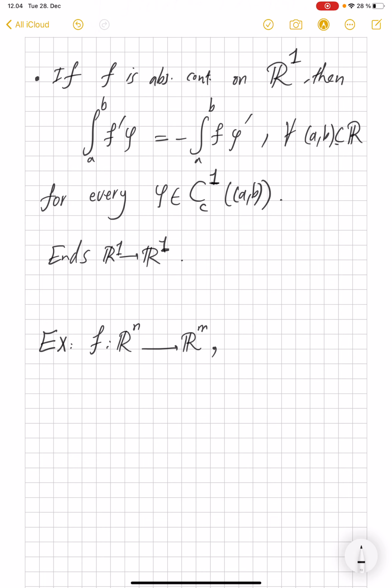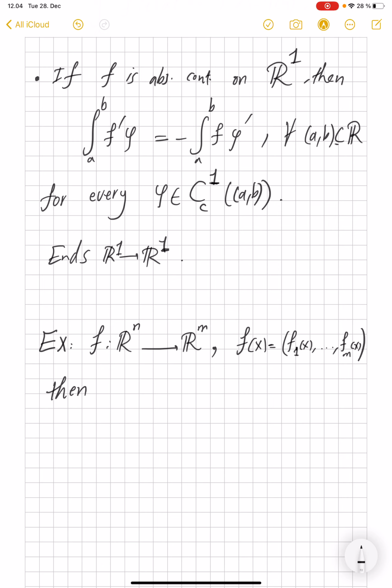Anyway, so one of the exercises is that, take any f, not even Lipschitz, just going from Rn to Rm, and then we know that f of x can be written as (f1 of x, ..., fm of x) for m functions f1 to fm. So these are called the component functions. They're defined by this very equality.